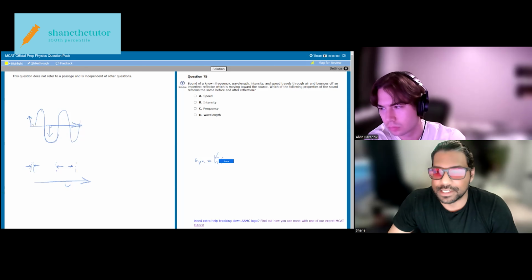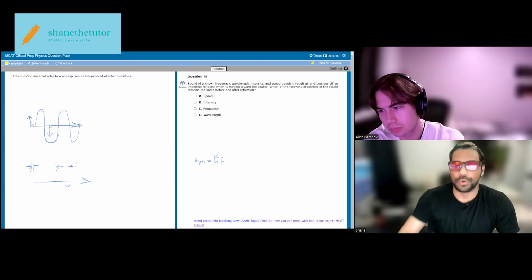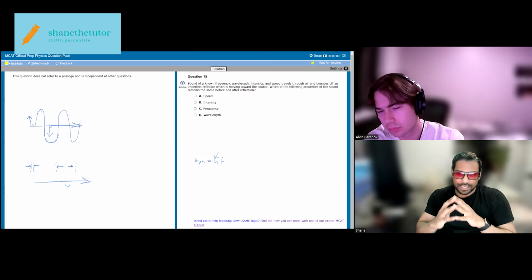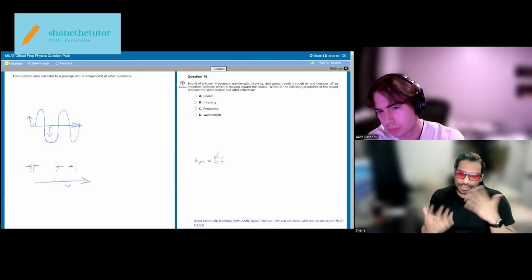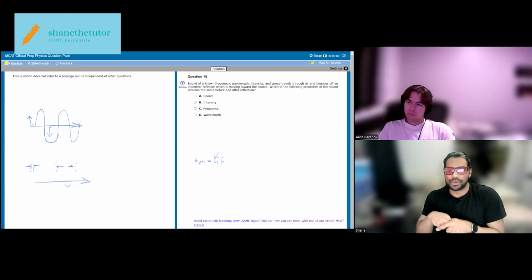Planck's constant is something that is only relevant to light. Frequency always staying the same, regardless of what medium you're entering into, is a property of light.